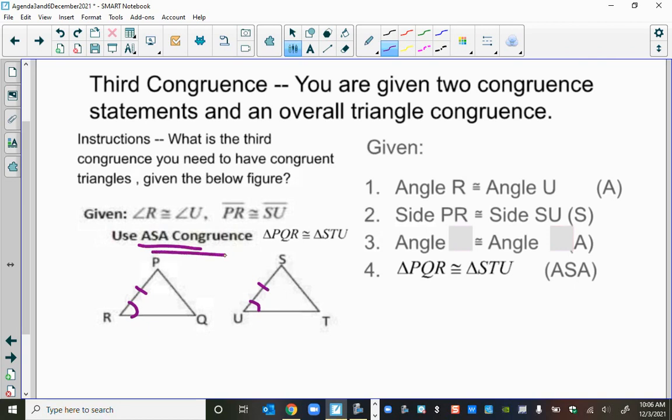So they first gave us an angle here. Then they gave us a side. So the way we get angle side angle, angle P has to be congruent to angle S. So that's really the goal that's going on here.